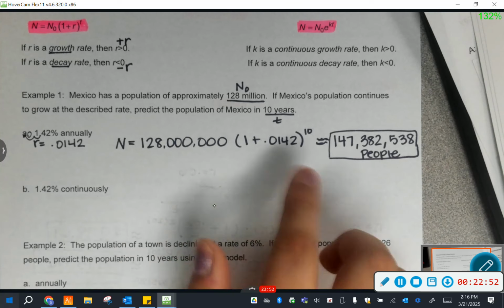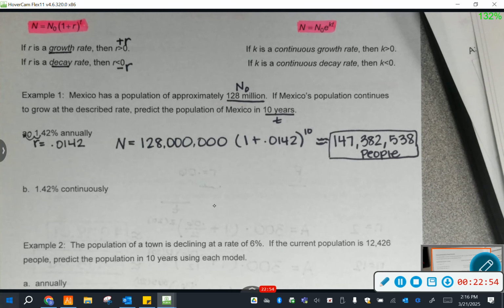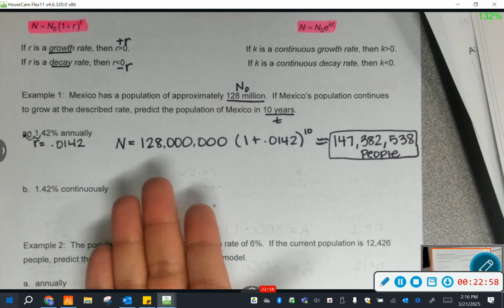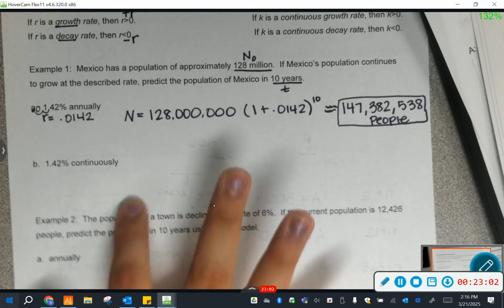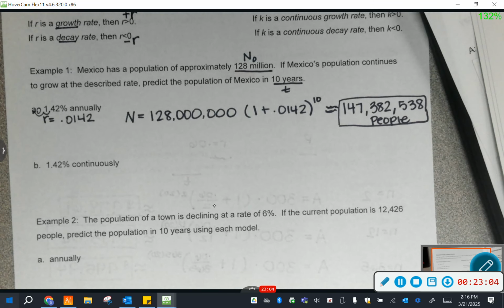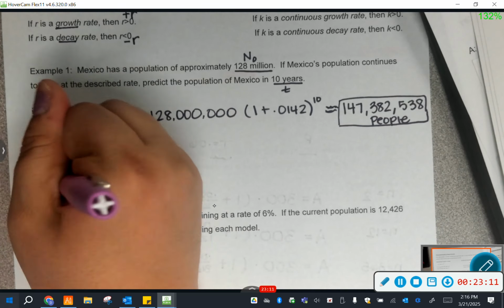Obviously the number is going to grow a lot between the 10 years. But I'm sure there are also some, what is the word? Unofficial ways to calculate the population annually, right? All right, I would like you to do the one that is continuously. You got it?